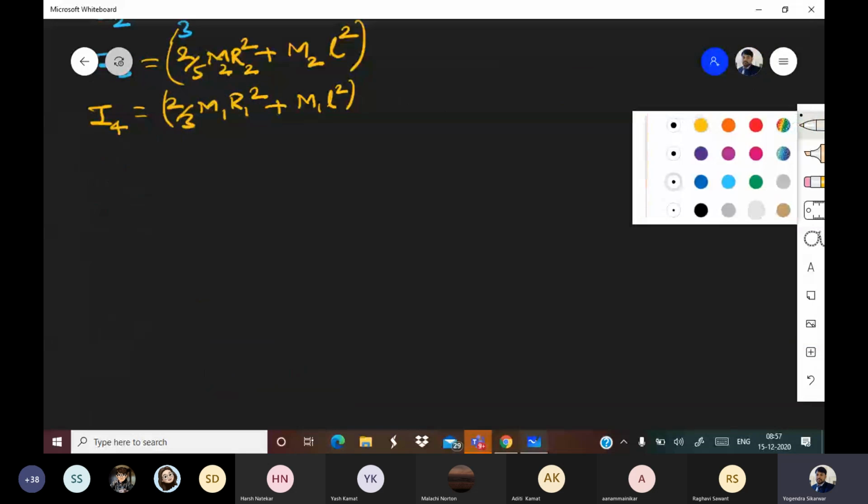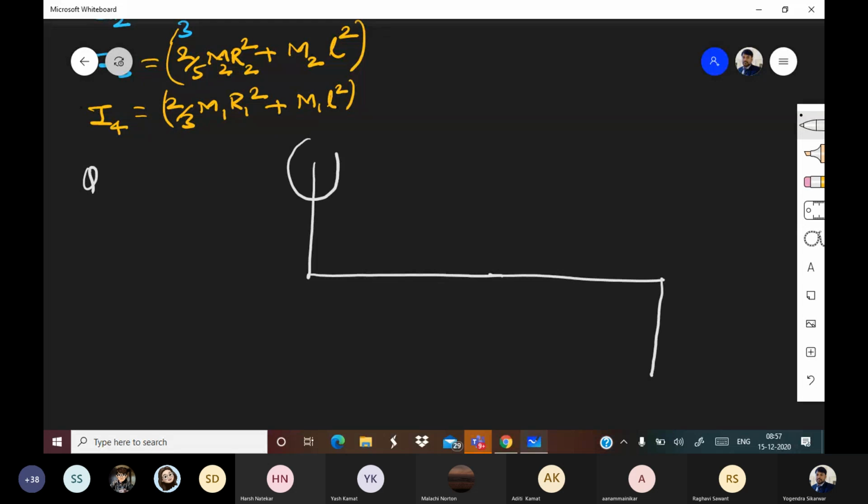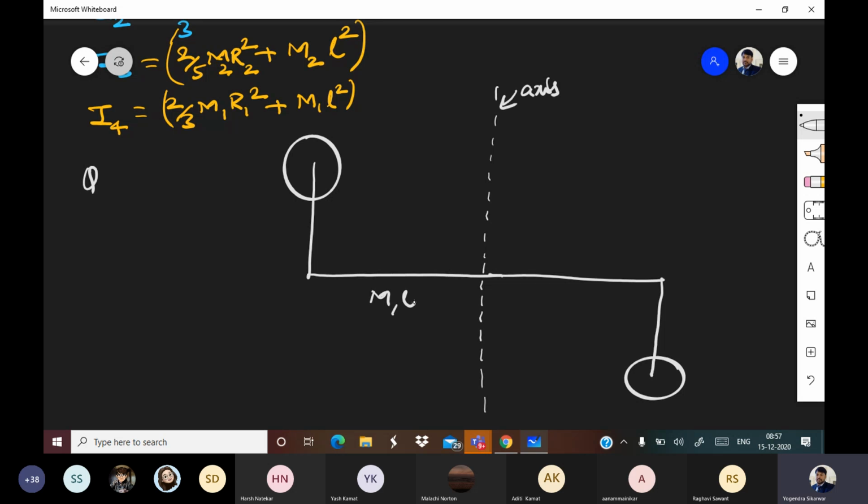Next question. So this is the axis. This is ML, ML, ML, ML.